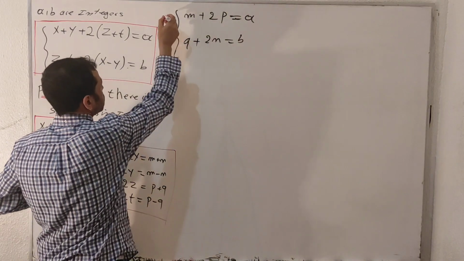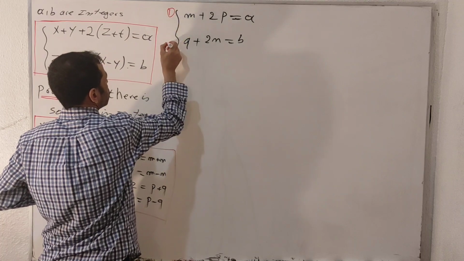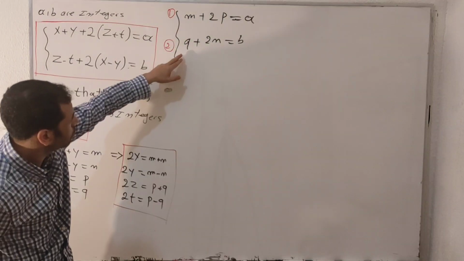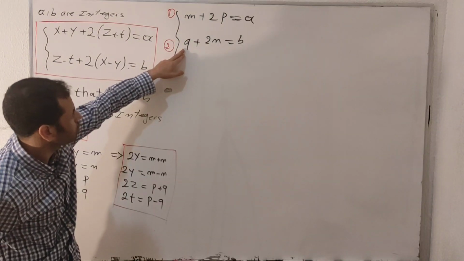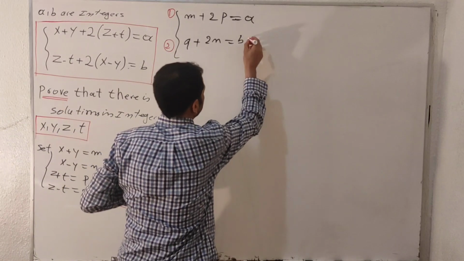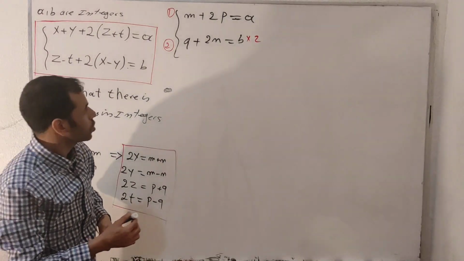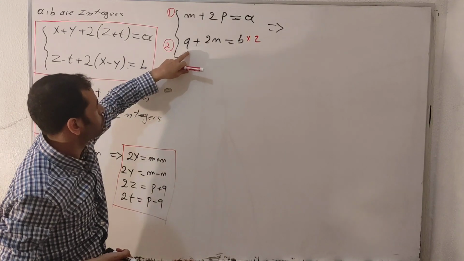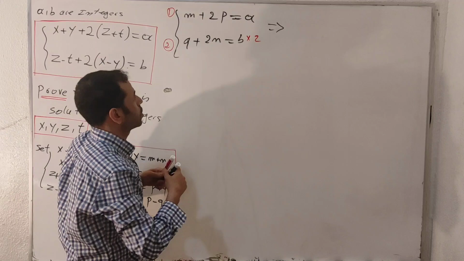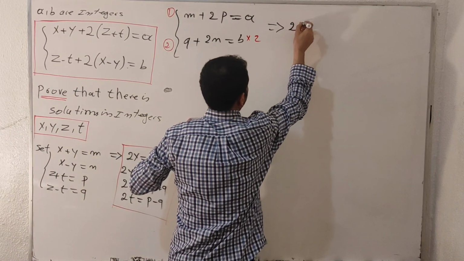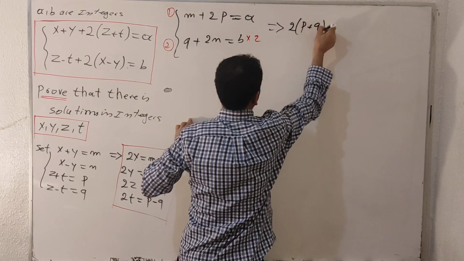I'm going to name this equation number 1, and this one equation number 2. I'm going to multiply equation number 2 by 2 and sum both equations. I will have 2q plus 2p, so I'm going to put it as a common factor, 2 times p plus q.